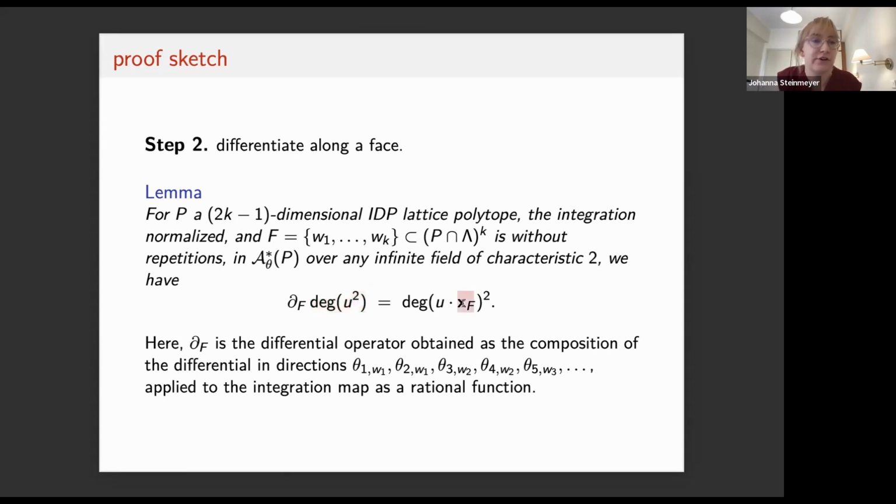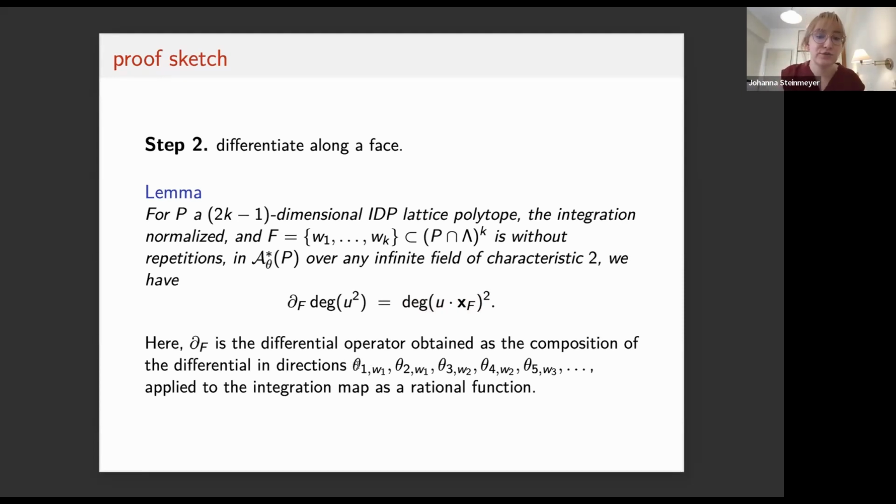In particular, you're going to be able to find an xf of this type. So you know that for the correct choice of f, for the correct face, this is not going to be zero. The square is not going to be zero. So this, being dependent on theta, is not going to be identically zero. So in particular, for some choice of thetas, it's not going to be zero for a generic enough choice.